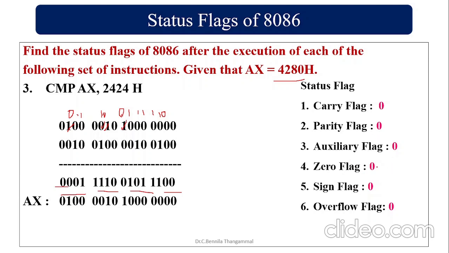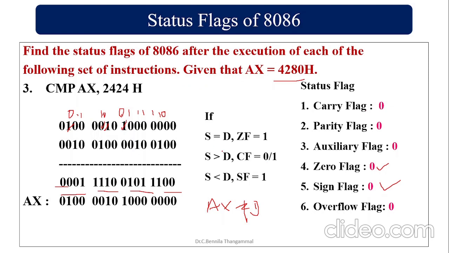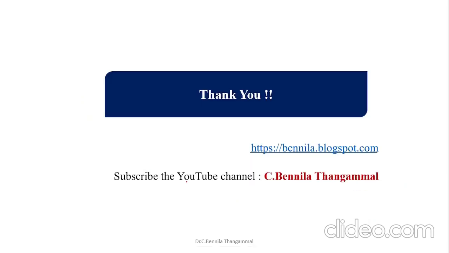Since the zero flag is 0, your AX is not equal to that data, and since the sign flag is 0, your AX is not less than that data. The auxiliary carry flag can be either 0 or 1. So your AX is greater than 2424. This is the way we identify it.